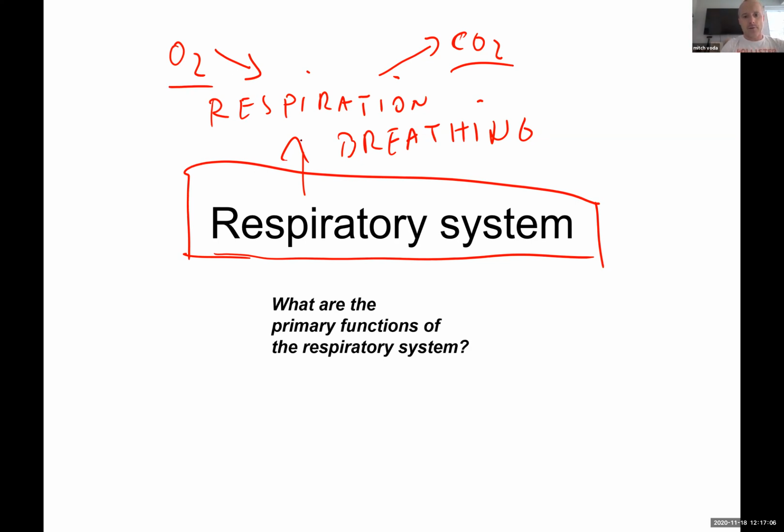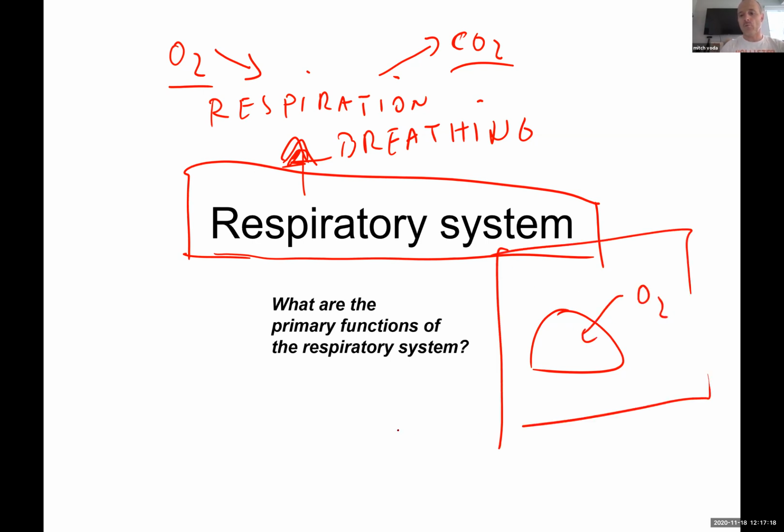Now, if you're a very, very primitive organism, single cell, for example a bacteria, all you need is to take in oxygen, and imagine that you're in water, in a lake or anywhere where there is water.